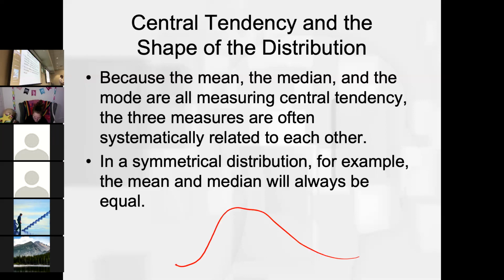If we assume that's perfectly symmetrical, your mean is going to be right in the middle. Your mode is also going to be right in the middle because that's the highest point. And your median is going to be right in the middle because you have an equal number of people on both sides.